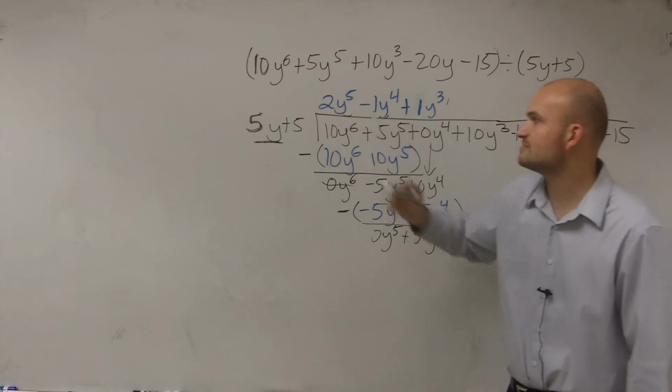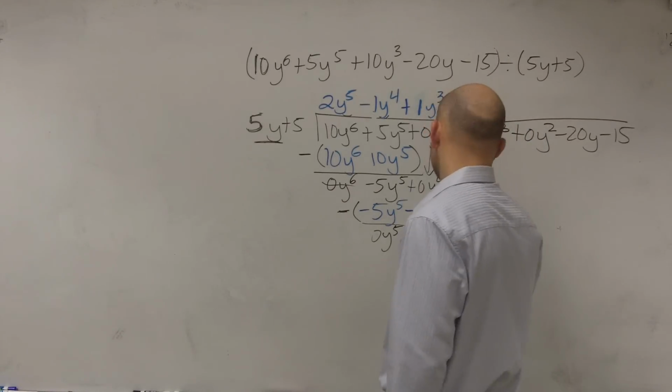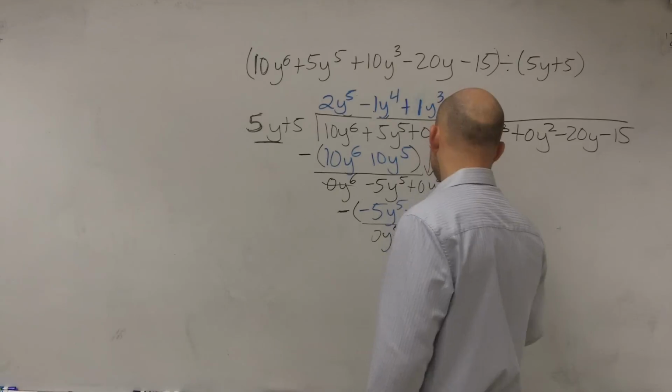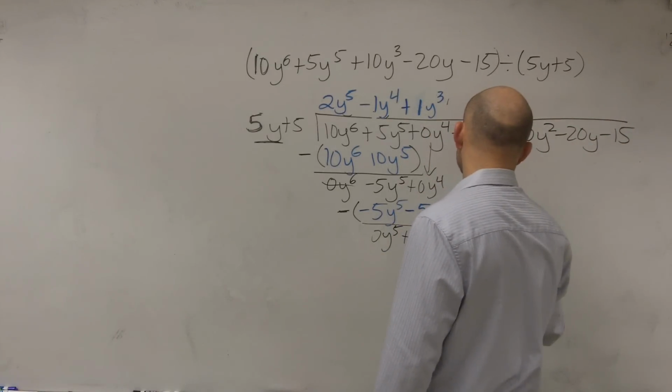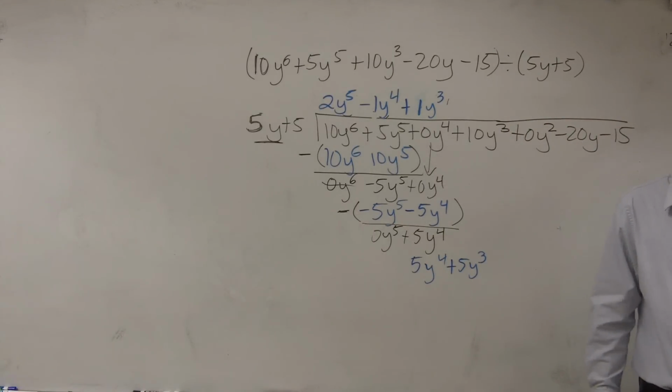So y cubed times 5y is going to give you 5y to the 4th, and y cubed times 5 is going to give you a positive 5y cubed. Does everybody follow me so far? Okay, where did I lose you? We still have a lot more of this process to go.